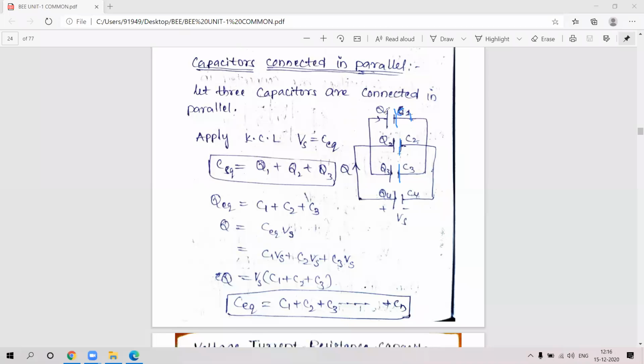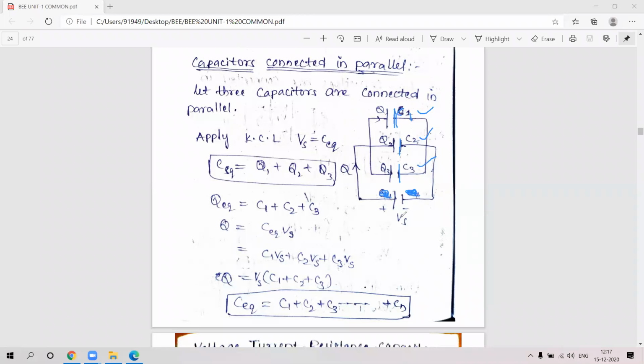If they are connected in parallel, the charge will be divided, just like currents, because this is the voltage. I have considered only 3 capacitors, C1, C2 and C3.